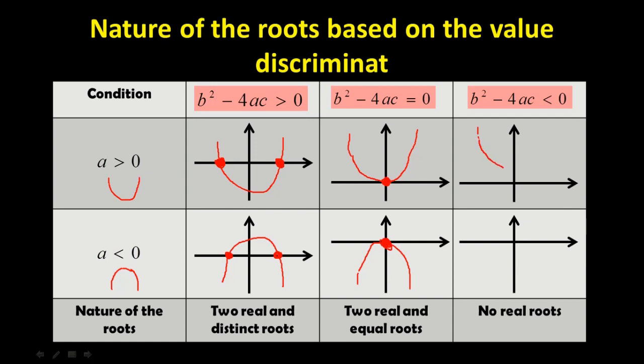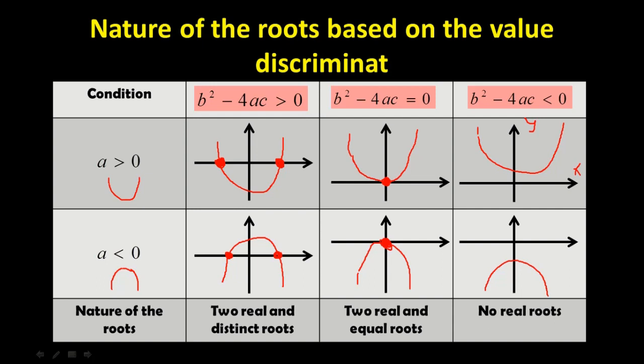When we want to draw it on the graph, it will look like this. Dia akan jadi terapung, float macam ni. And another one, kalau yang masam, dia akan jadi macam ni. So our graph didn't touch the x-axis. We don't have any value of x.